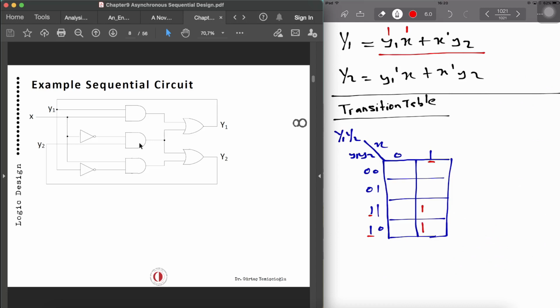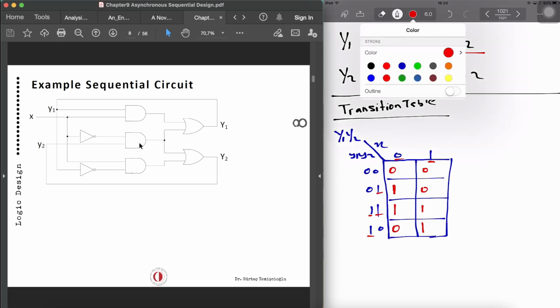Or x is 0 and y2 is 1, on those two points. And the rest for Y1 are just going to be zeros.